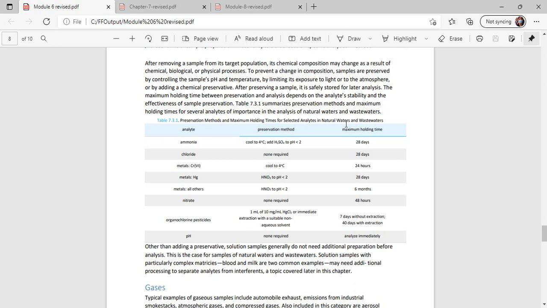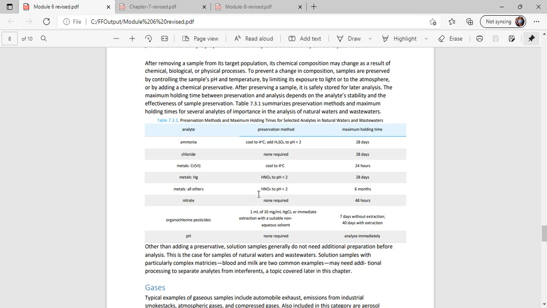For your chloride, wala mas requirement. Okay, can be held for 28 days. Then for your metal, cool it to 4 degrees Celsius. Then for your Hg, for your mercury, HNO3 to pH that is less than 2. Then 28 days man siya.